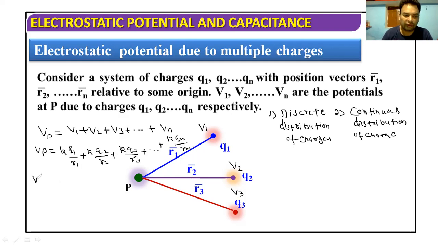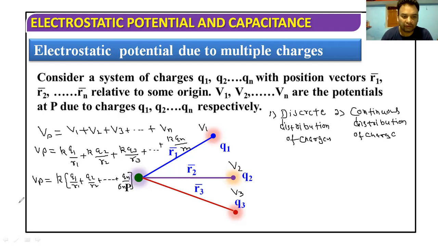We can take K outside, so it is Q1 upon R1 plus Q2 upon R2 plus Qn upon Rn.